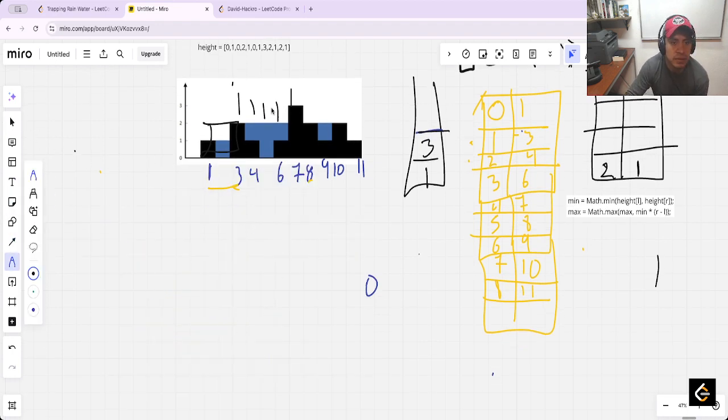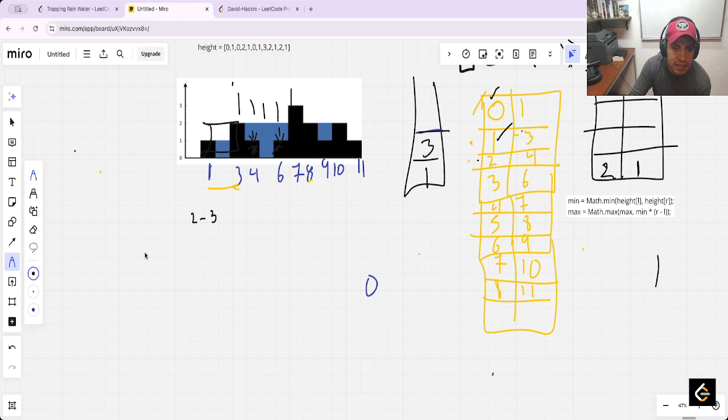Now we have this check. Now it's between 2 and 3. The 2 is in the index 4, that is this, and this. Basically it's here and here, okay? First get the min height.